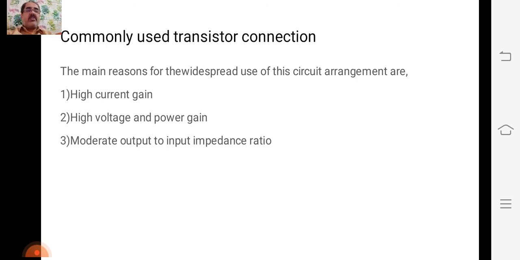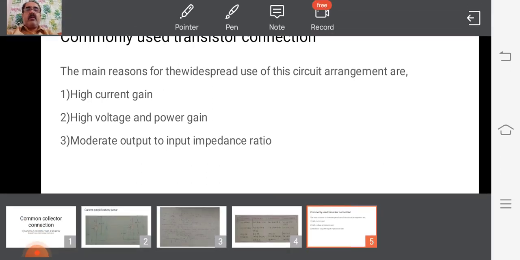At saturation, the collector base junction no longer remains reverse biased and normal transistor action is lost. So the collector current at saturation is nearly equal to VCC upon RC. So from that we can find out the saturation. Thank you very much.